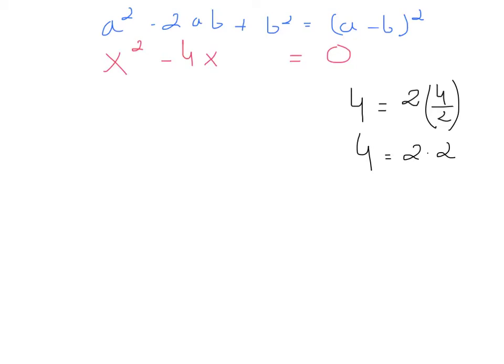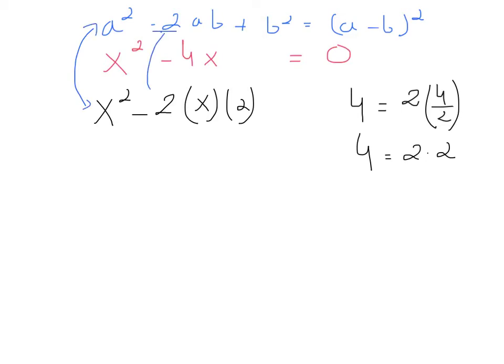So it's going to be x squared minus 2 times x times 2. This is the same thing as negative 4x. Now I have a as x, and I have negative 2 as the coefficient, and a is x.